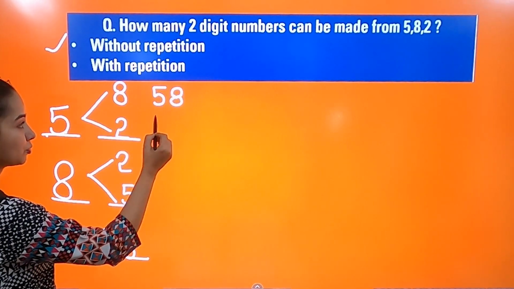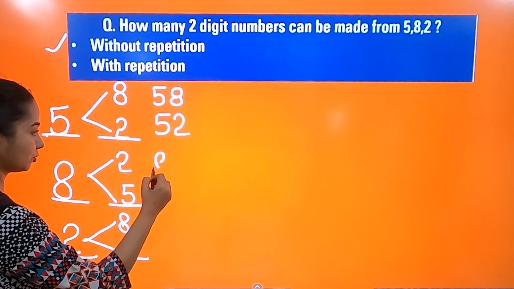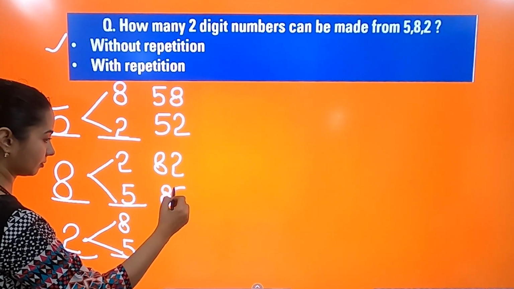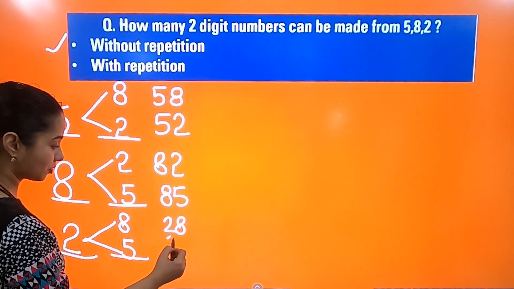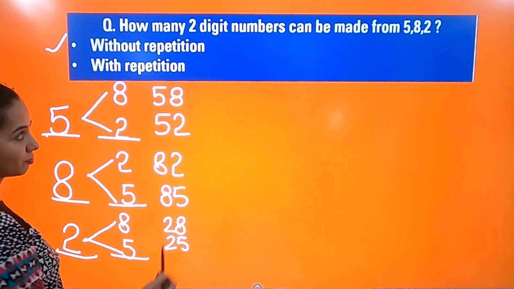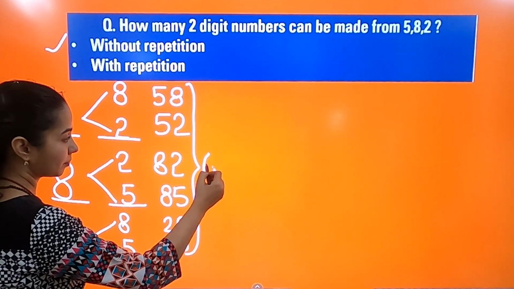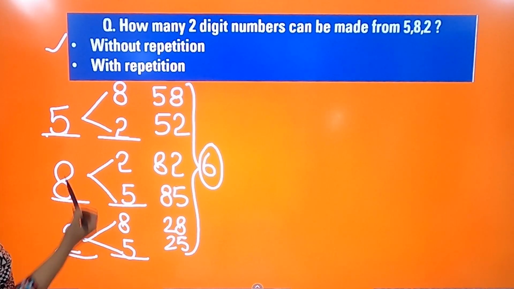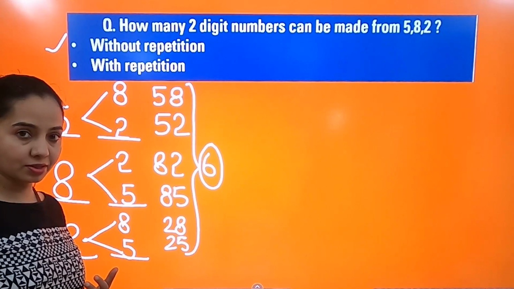Then 52, 82, 85, 28 and 25. So if we see how many numbers we have formed like this, we have formed 6 numbers, right? This is by actually making all the combinations ourselves.